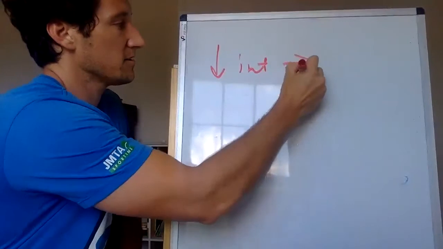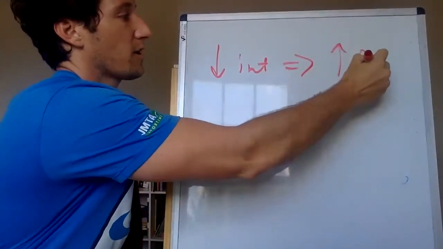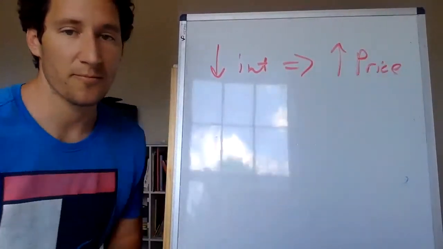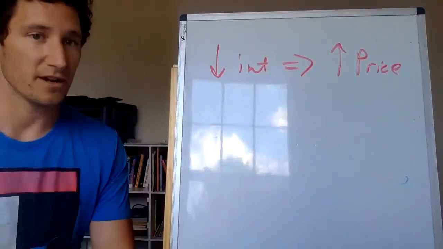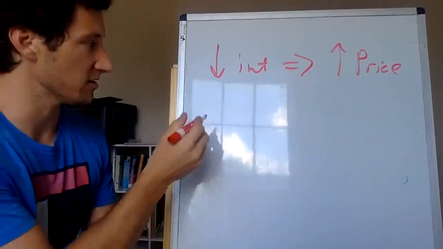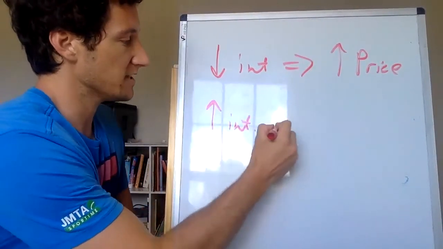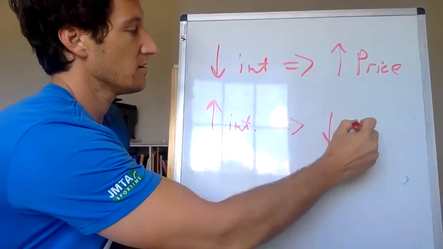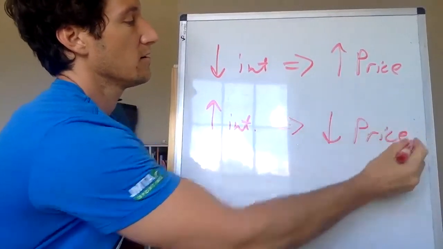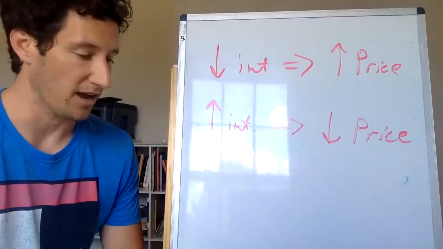And this caused the price of the bond to go up. So we have this inverse relationship. If interest rates go down, bond price goes up, and vice versa is also true. If interest rates increase, we're going to see the price of bonds go down, okay?